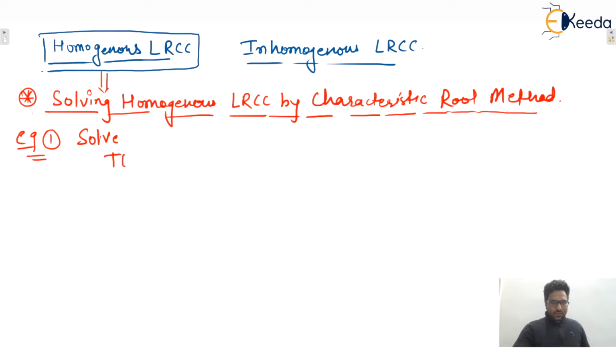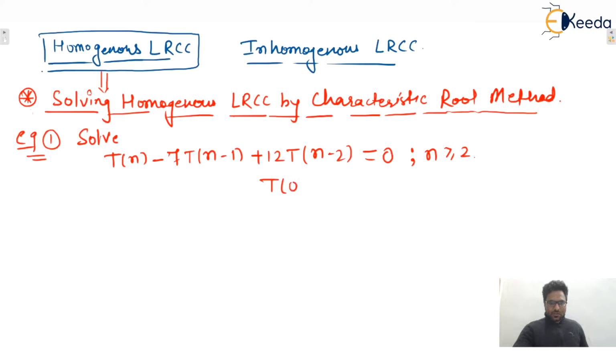One recurrence relation is given to you, t of n minus 7 t of n minus 1 plus 12 t of n minus 2 equals to 0, where n is greater than equals to 2, and initial conditions are given to you, t of 0 is 1 and t of 2 is equals to 2. That is given to you.